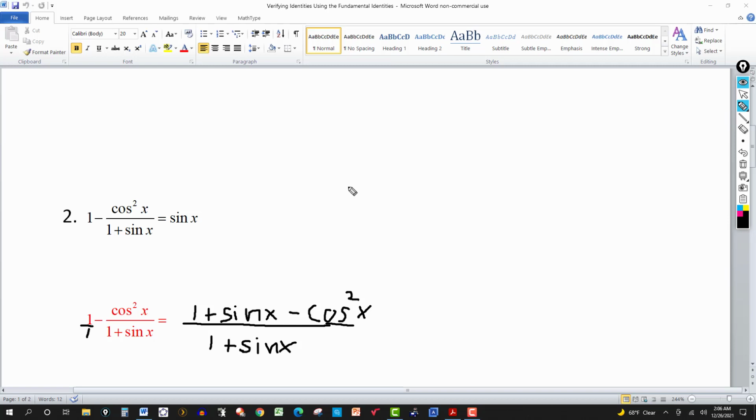So let's go up here and say this is equal to, this is 1 plus sine of x. And then we have 1 plus sine of x.